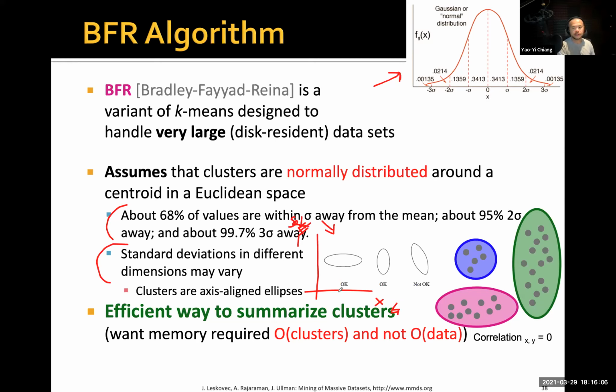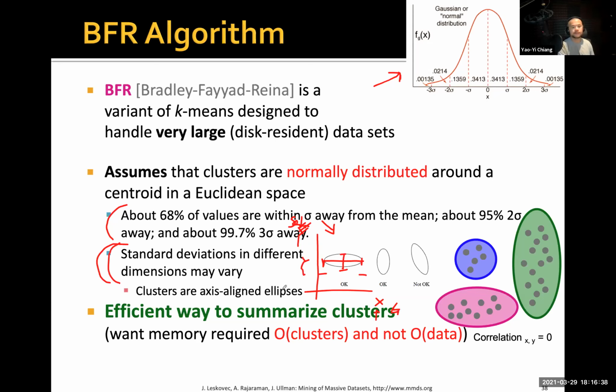And you know that their standard deviations are different because the extent of your data set is different. This is minimum, this is maximum on the x-axis. This is minimum and maximum on the y-axis. They can be different. So the standard deviation in different dimensions may vary.